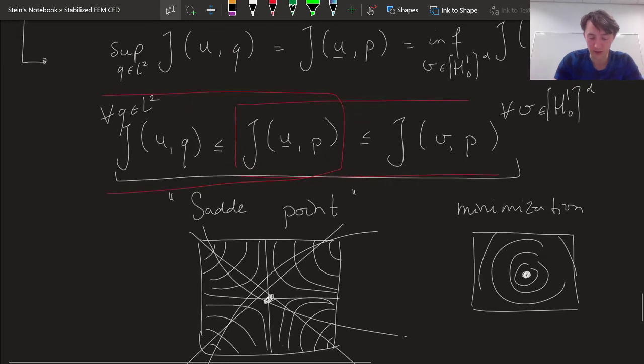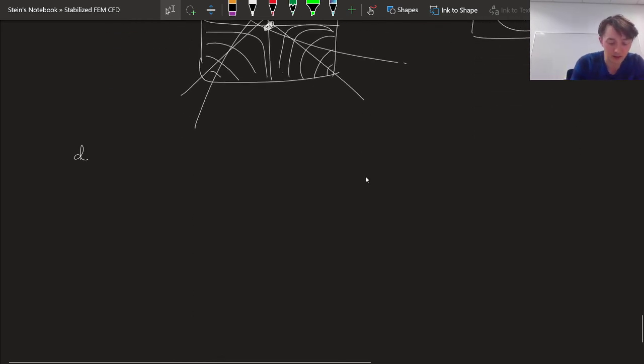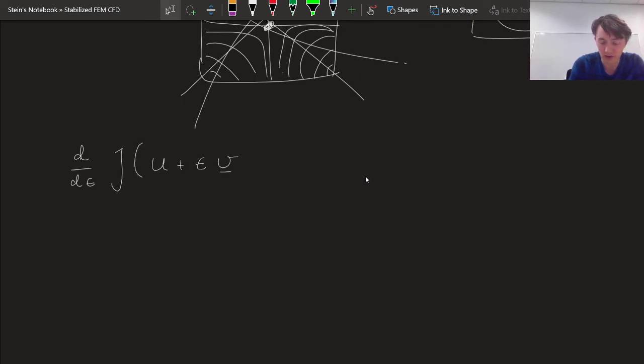If I take the Gateaux derivative around u, then that's going to equal 0, because any other choice of u is going to give me a larger value. So that means that d/d epsilon of J(u plus epsilon v, p) is going to be equal to 0.